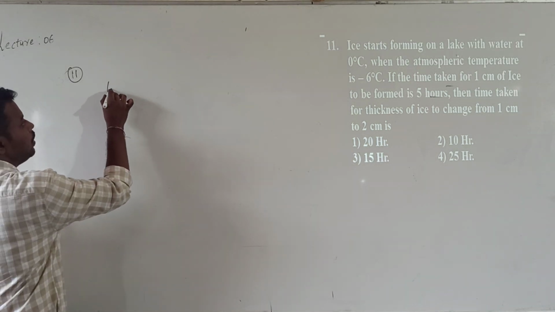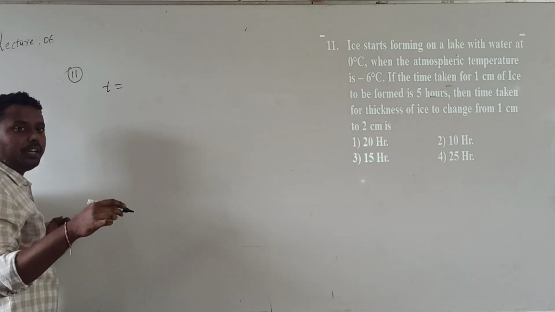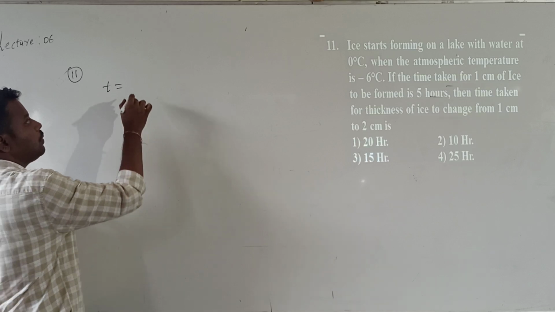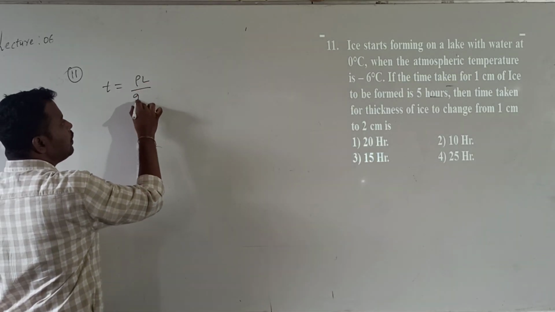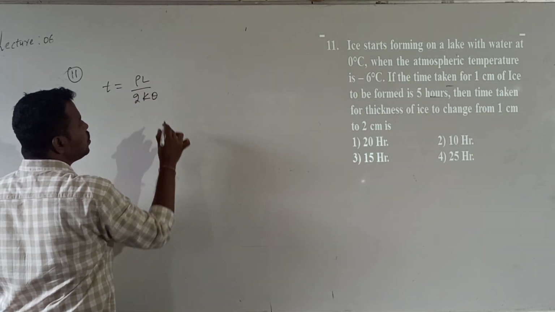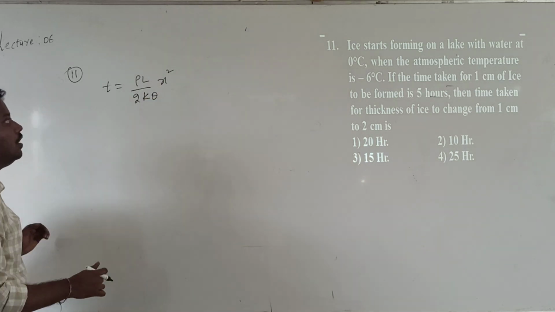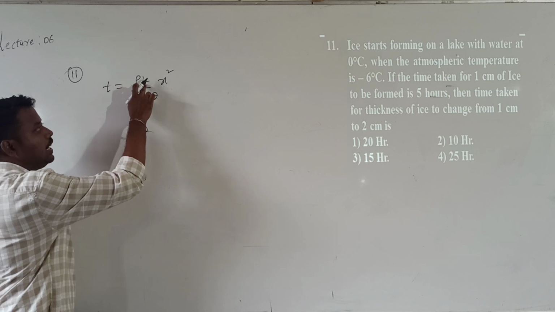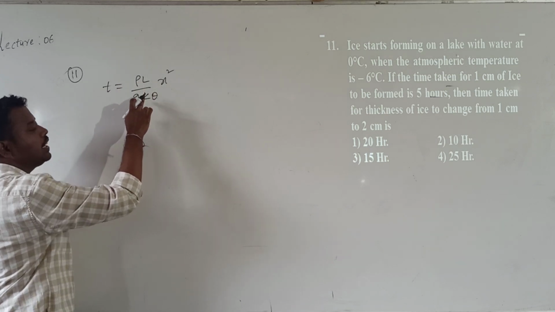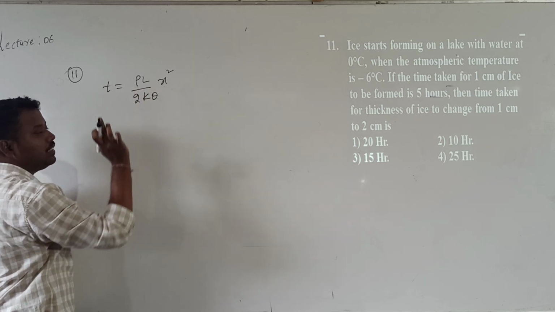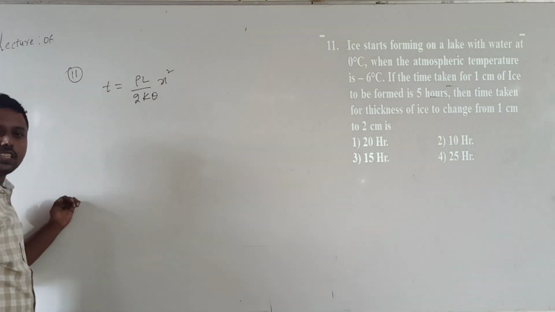Can you remember the time taken to form a layer of thickness x is given by the formula rho into L divided by 2 into K into theta into x square. So this is the formula where rho is the density of water, L is the latent heat of fusion of ice, K is the thermal conductivity, theta is the temperature of the surrounding, and x is the thickness. This is a derivation actually.